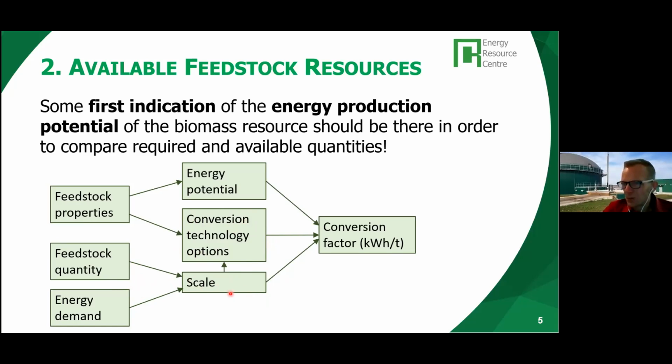And scale in itself also influences what kind of conversion technology options might be available. For example, talking about steam cycle systems, if your energy demand or your amount of feedstock indicates a limited scale of maybe a few hundred kilowatts or less, then steam systems are not typically the best option to be considered.